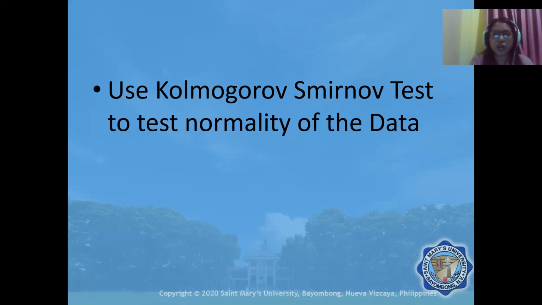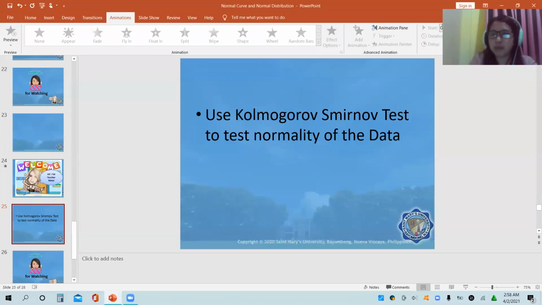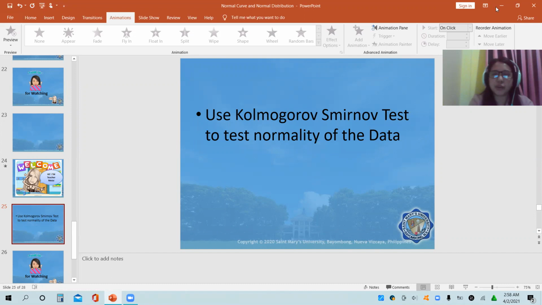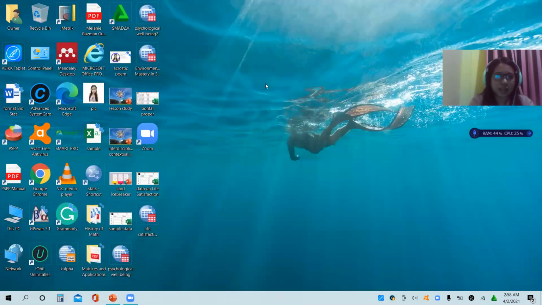If you watched other videos, you are familiar with the two data sets that we are talking about. So let us open PSPP and generate the Kolmogorov-Smirnov test to determine the normality of the data.